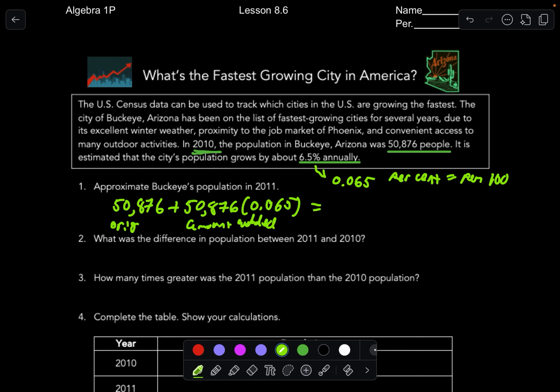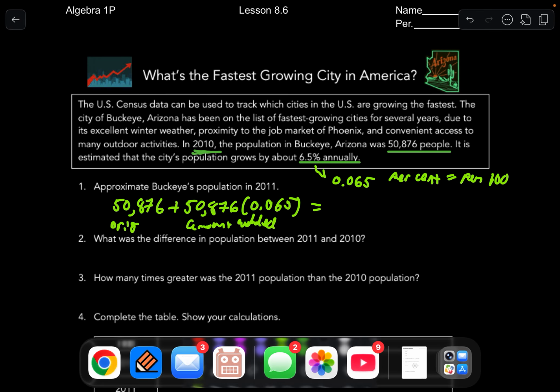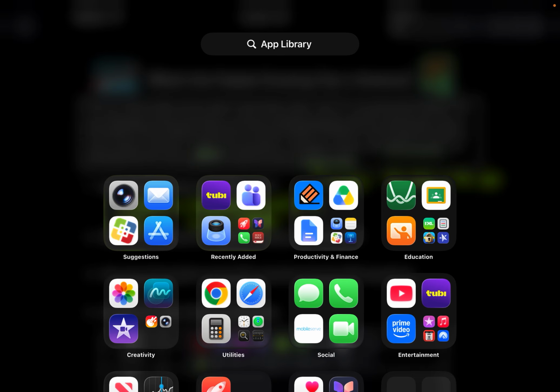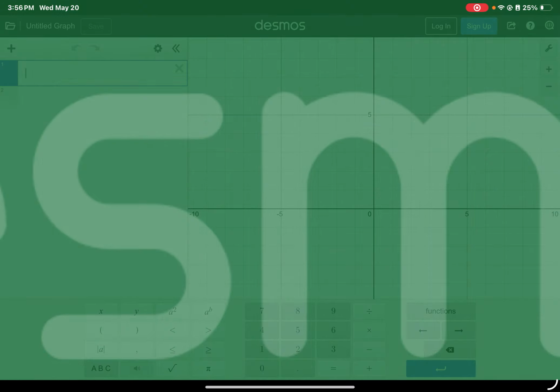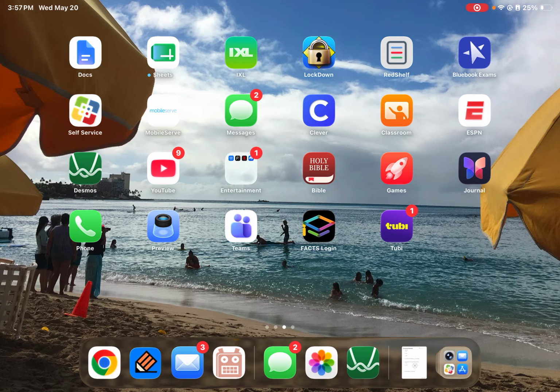So we plug into our calculators. I'm just going to do it on decimals because by now you should know how to do it on your basic calculator.